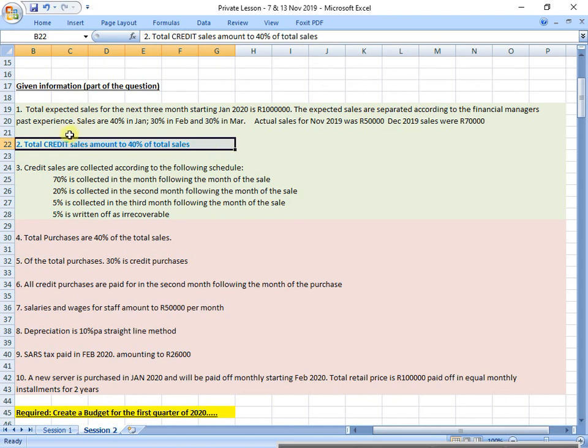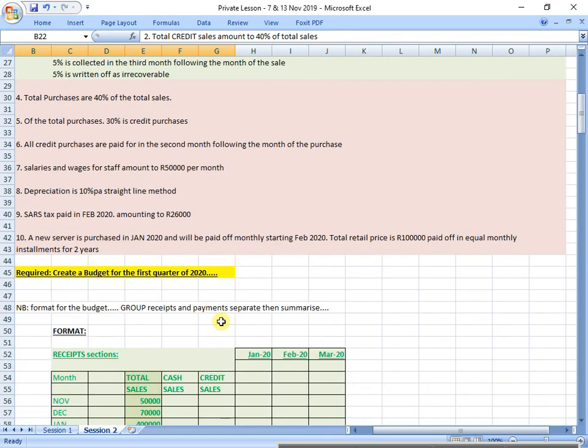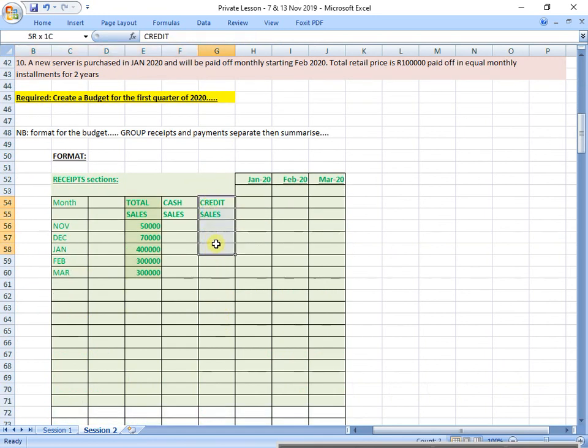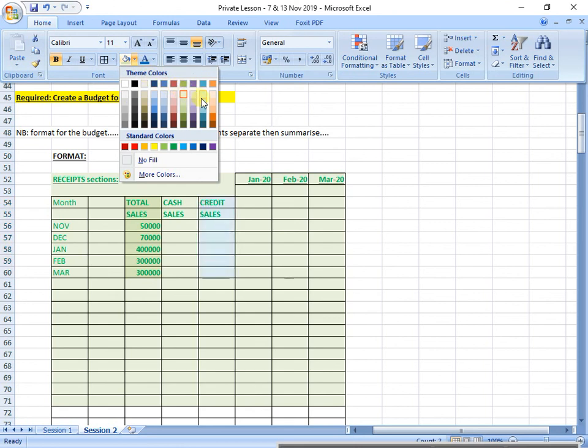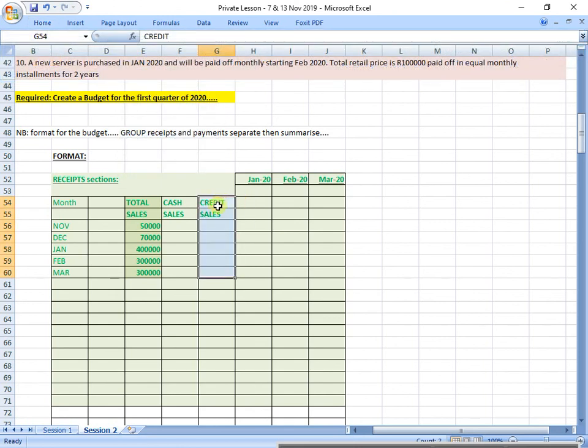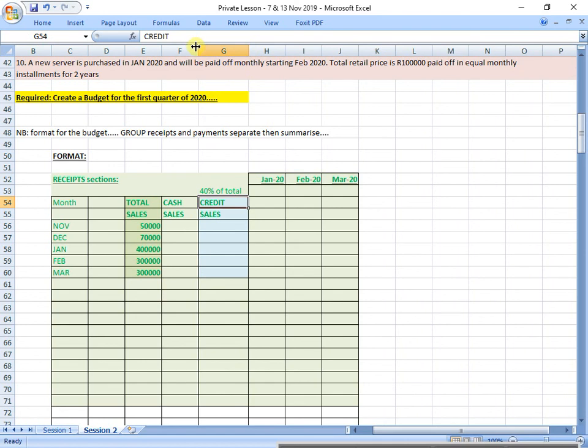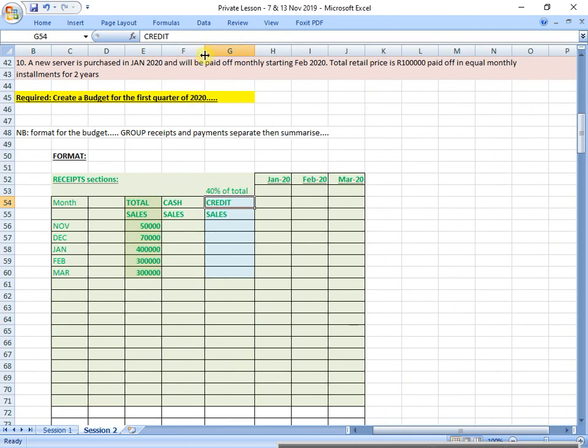So if I read the information, it tells me that 40% of total sales is credit. So which column am I looking at? This one. 40% of the total. So if 40% is credit, how much is cash?